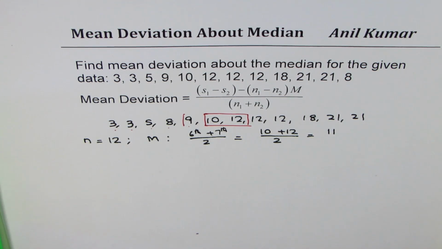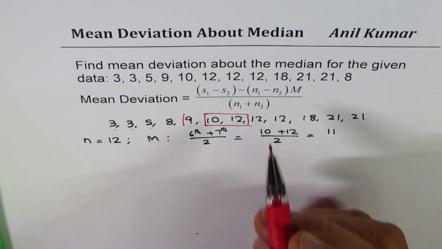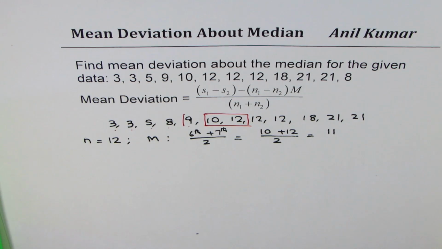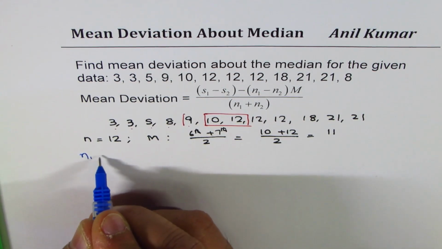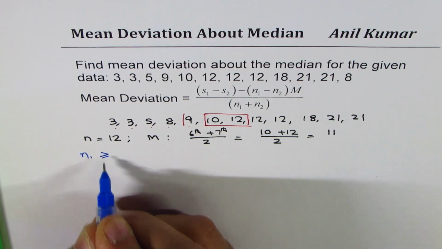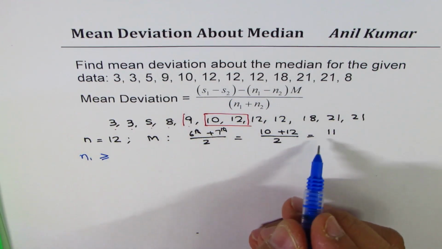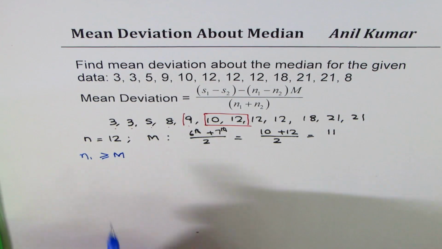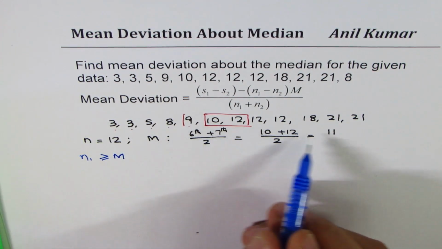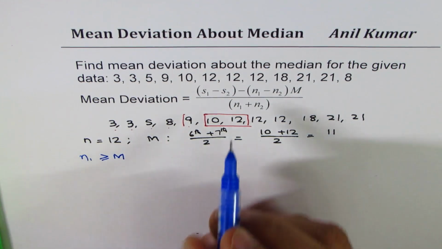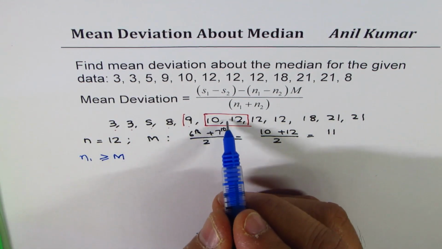Now, N1 is the number of items which have a value greater than the median, right? In our case, the number of items which have value greater than or equal to 11 are these.